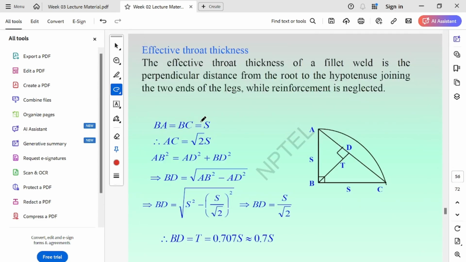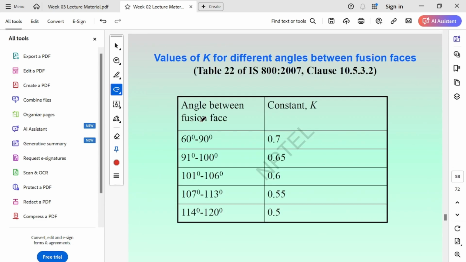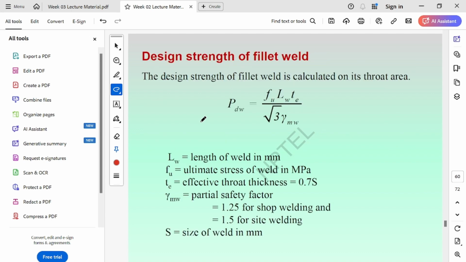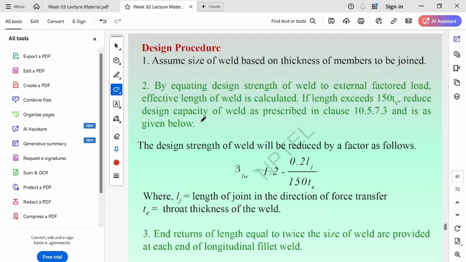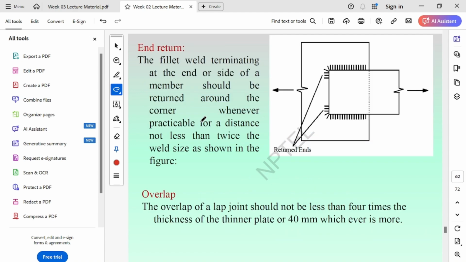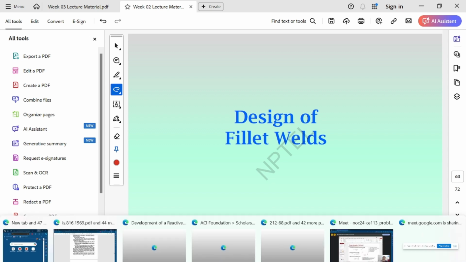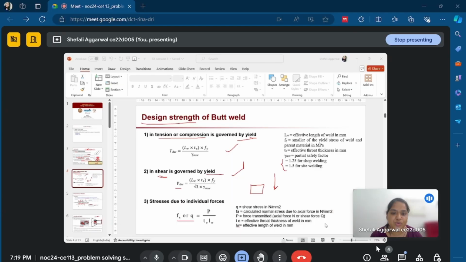There is no chance of elongation. If some elongation started, that is considered as failure. Yeah, I think that can be the reason, because there is no overlapping. It's just an edge-to-edge joint. When it is failing, it is fully going; there is no stress to hold it back. Yes, ma'am.